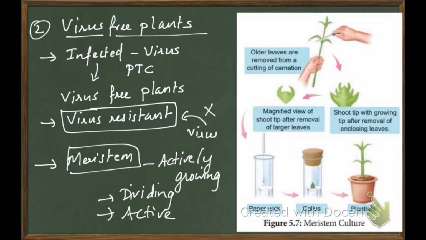The virus does not prefer meristem for growth. So from a virus infected plant you can take out a meristem, and if you culture that meristem to generate a huge number of plantlets, then those plants are actually virus free.